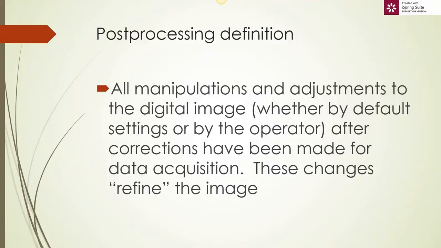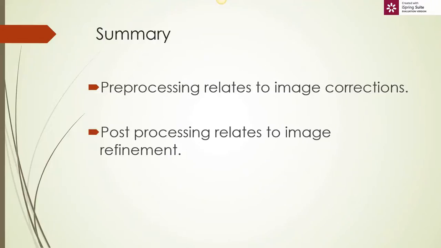All those things have been done to the digital image that has been given to you by the computer. So in essence, pre-processing is correcting the image data to make it produce an image that looks okay. Post-processing is taking that image and then refining it, because you want to make it a little bit better.